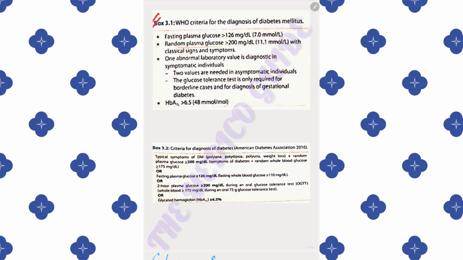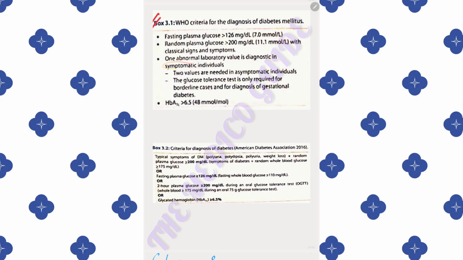A random plasma glucose, the RBS, which is commonly checked in all kinds of patients and in every ward in the hospitals, if it has a value of more than 200, then it is the best condition to categorize the patient as diabetic.